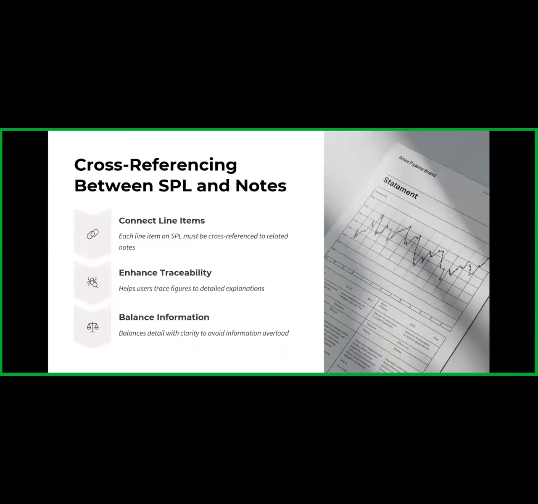Cross referring between the profit and loss account and notes connects the line items. Each line item in the profit and loss account must be cross-referred to notes. That means for every financial transaction which we think is complex, a note should be there for the easy understandability of the readers.